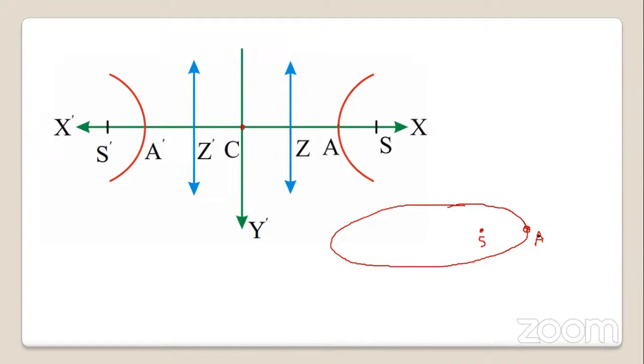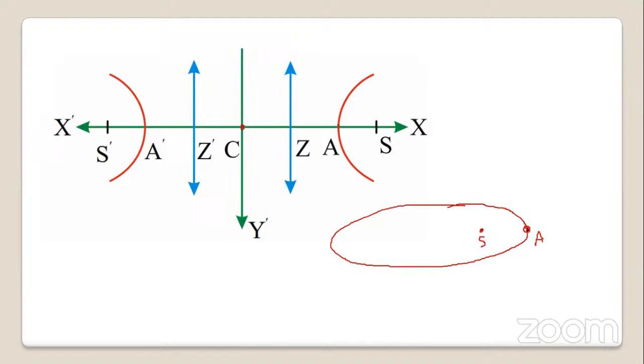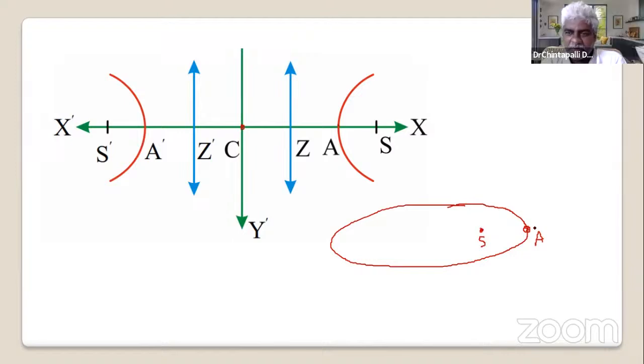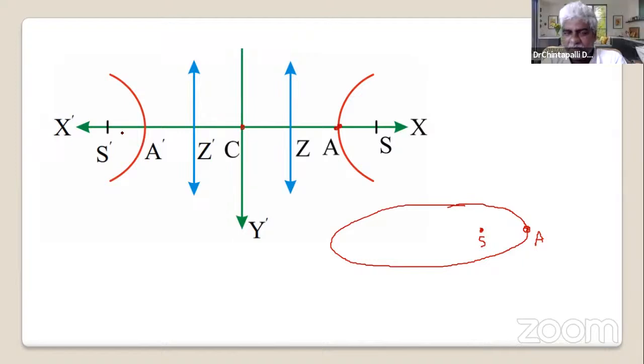The difference is the positive vertex is right side of the positive focus. This is the positive vertex, this is the positive focus. Positive vertex is right side of positive focus. But here, left side. The case is different.